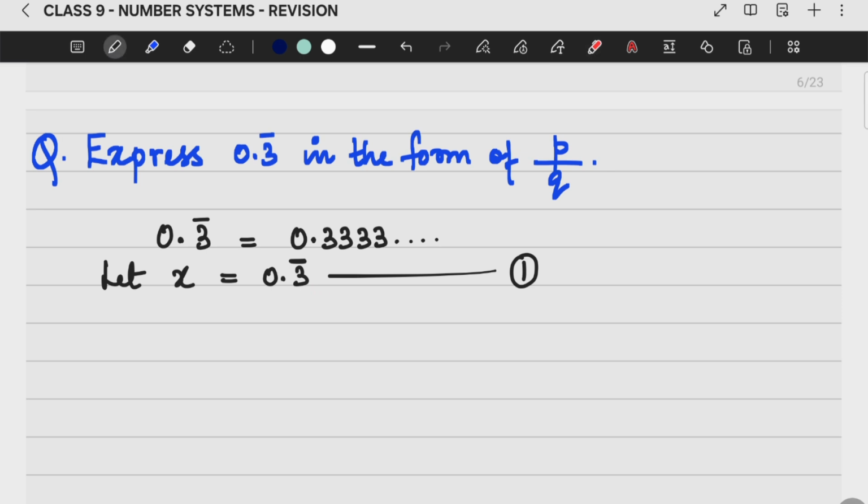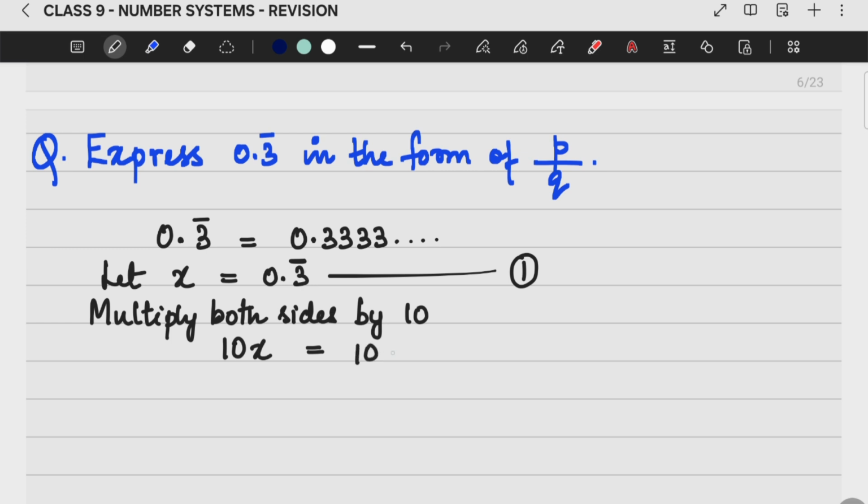In this particular question, you can see that there is only one digit under the bar. So you will multiply both sides by 10. That will become 10x is equal to 10 multiplied by 0.3 bar, which is nothing but 10 multiplied by 0.333 and it goes on.